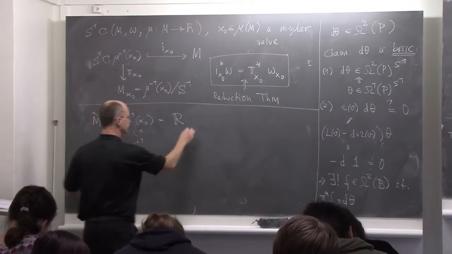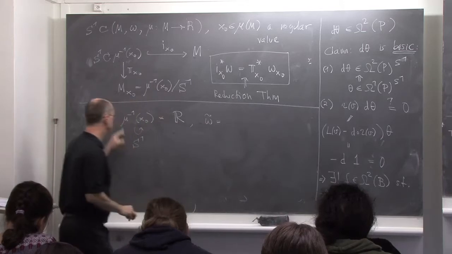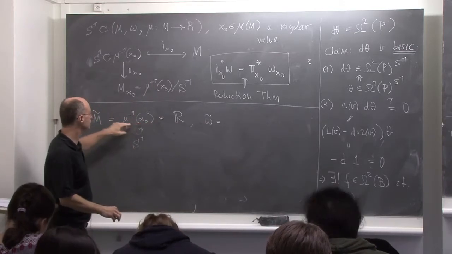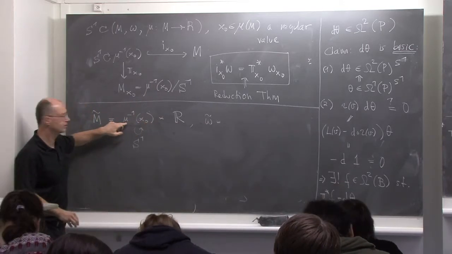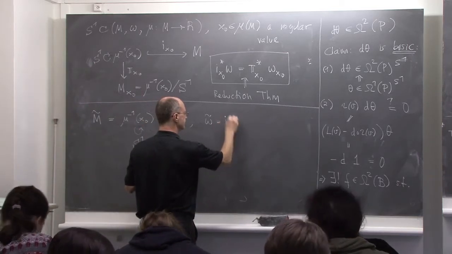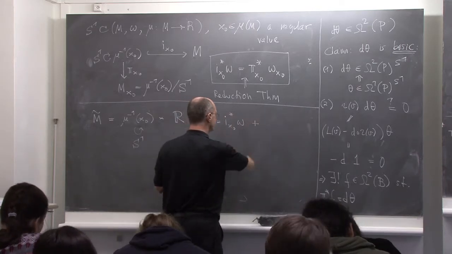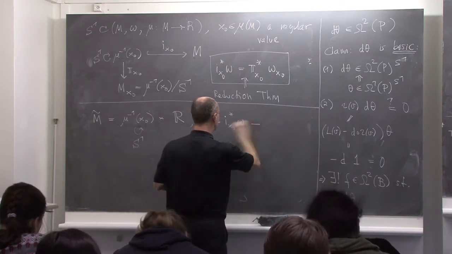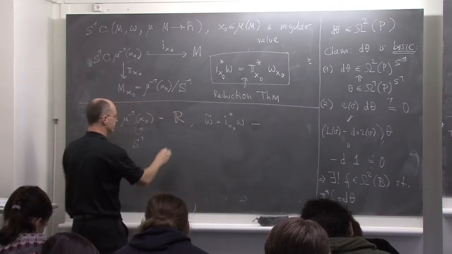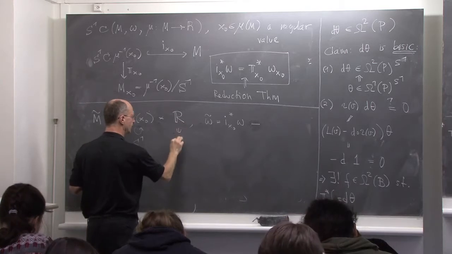Now what about the 2 form? Let me take the 2 form to be the restriction of the 2 form of M to the level set, and I would like to subtract something from there. Let me denote the coordinate on R by y.